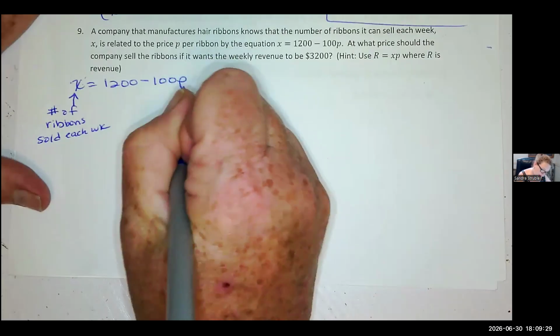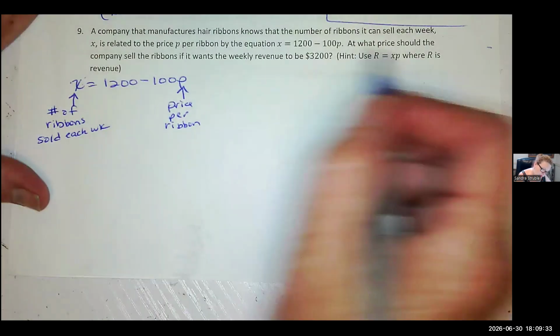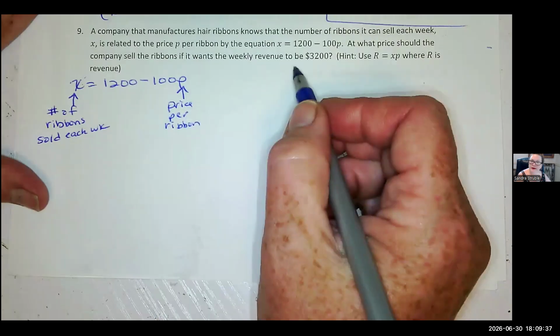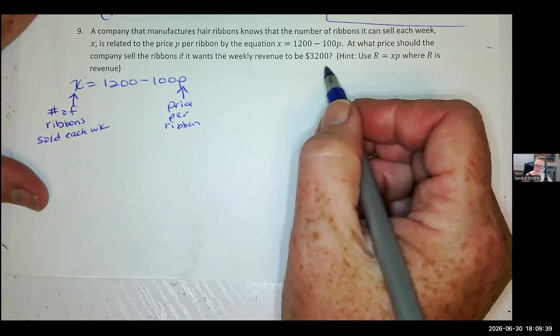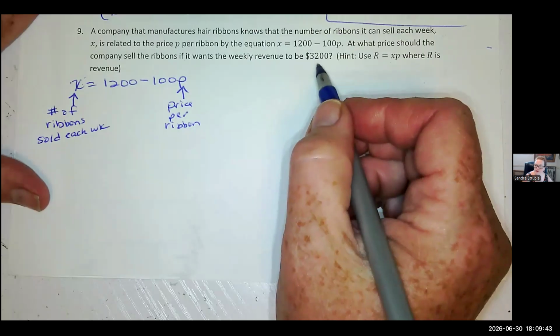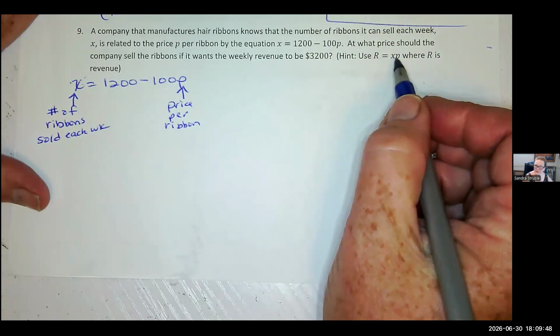At what price should the company sell the ribbons if it wants the weekly revenue to be $3,200? Well, revenue, R, is equal to X times P, the price. All right, so I'm going to use that.